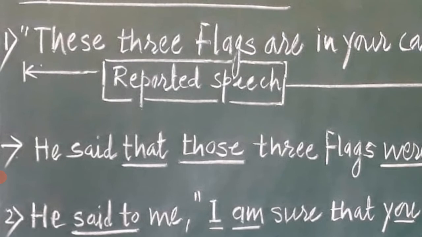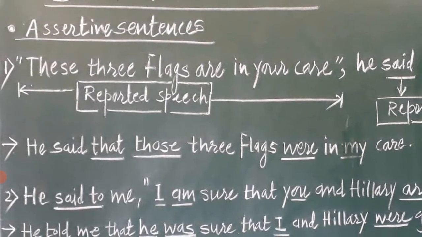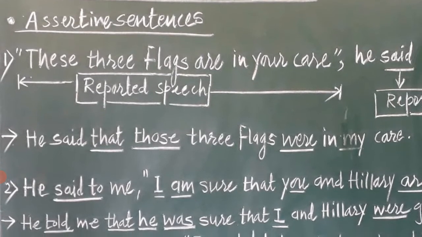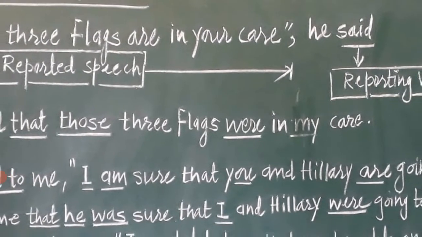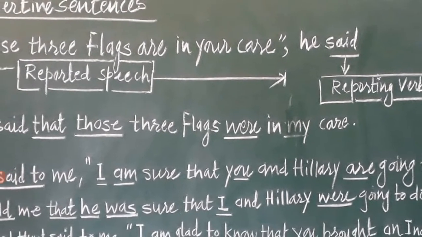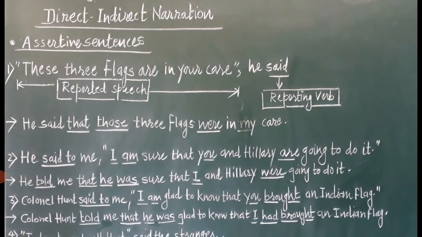Afterwards, the words which we need to change for converting it into indirect: these is converted into those. Then 3 flags are written as it is, and the to be's form are is converted into were, and your care is converted into my care. So this is how we have converted the first direct speech into indirect one.